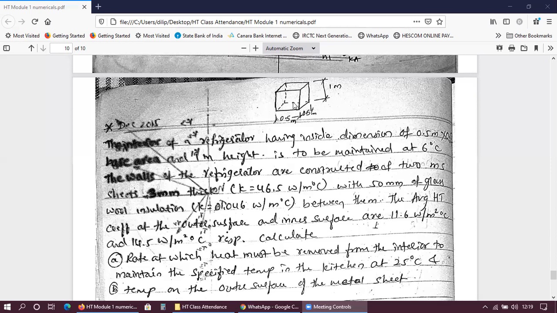The walls of the refrigerator are constructed of 2 MS sheets. So the walls are made up of mild steel, right?